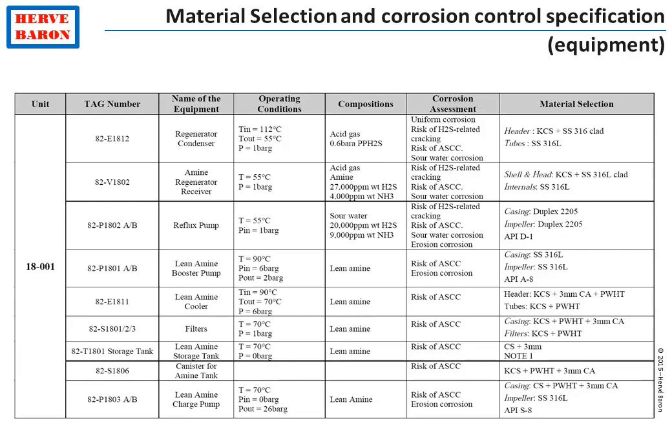The selection of materials of construction does not end the work of the materials specialist. He also specifies the type of coating which must be applied to protect against external corrosion.